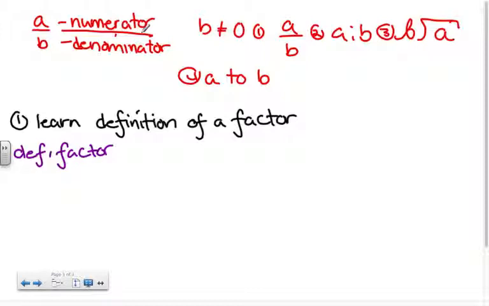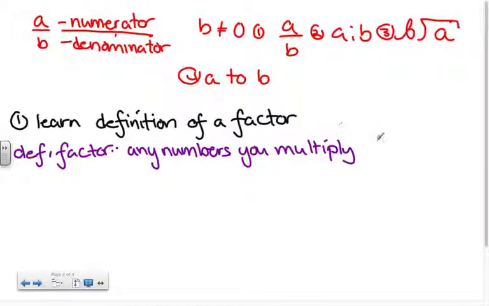Basically, a factor is any numbers you multiply to get a product. Okay. So any numbers that you multiply to get a product will be called factors.